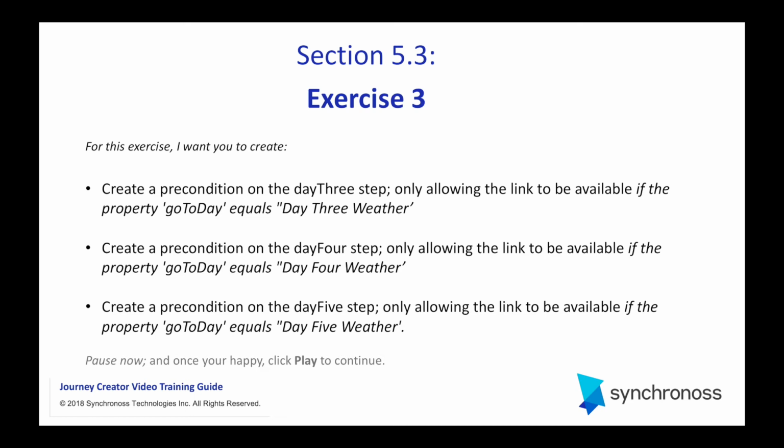And finally, create a precondition on the day 5 step, allowing the link to be available if the property go today equals day 5 weather. And here's a tip before you do it. Enumerations are still strings. So pause, and once you're ready, click continue to resume.